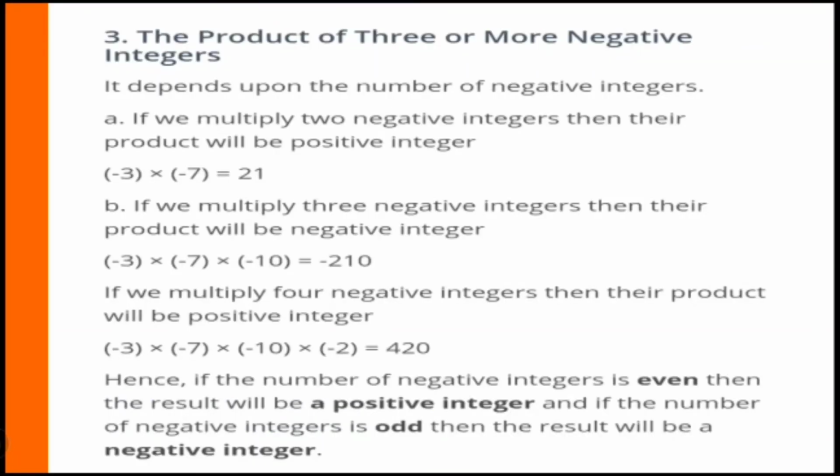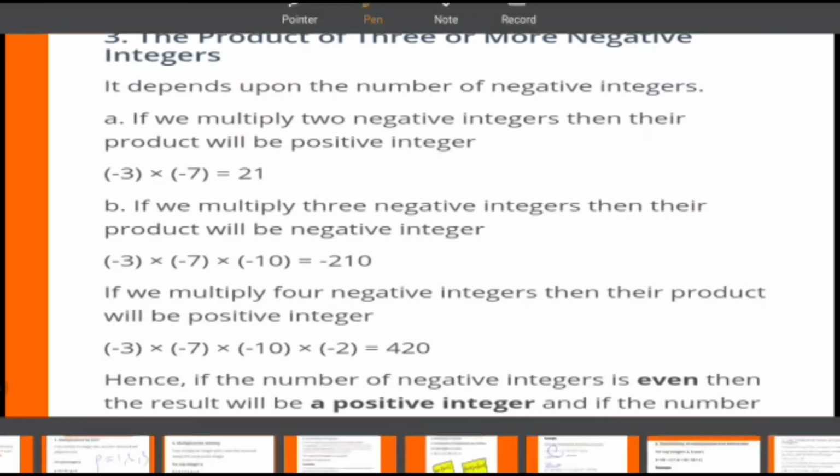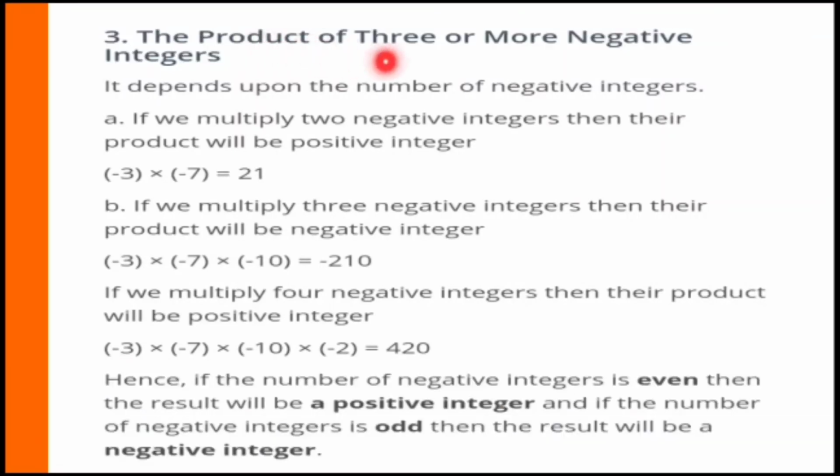Next, what happens if there are more than 2 negative integers? See here, the product of 3 or more negative integers depends upon the number of negative integers. If we multiply 2 negative integers, then the product will be a positive integer.